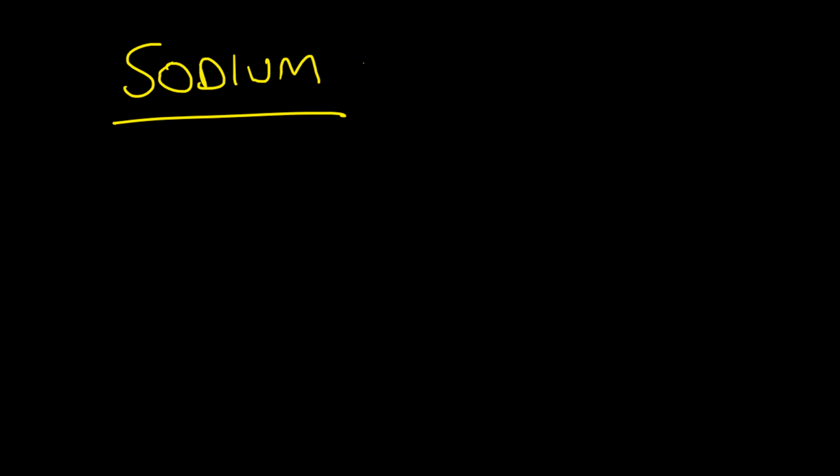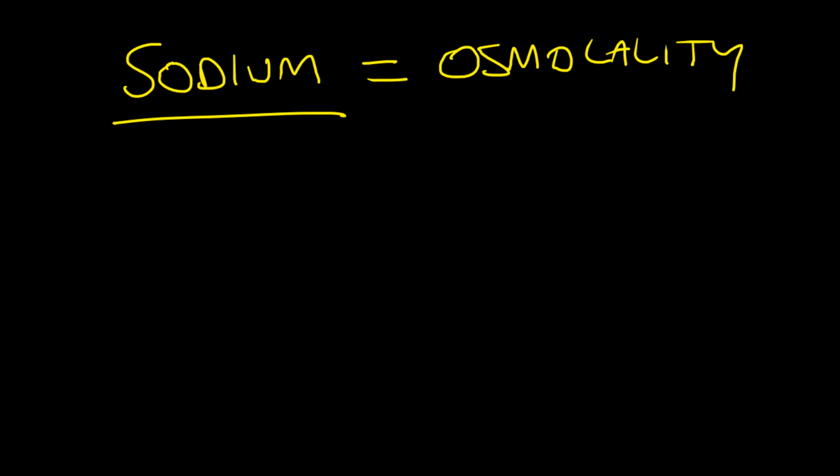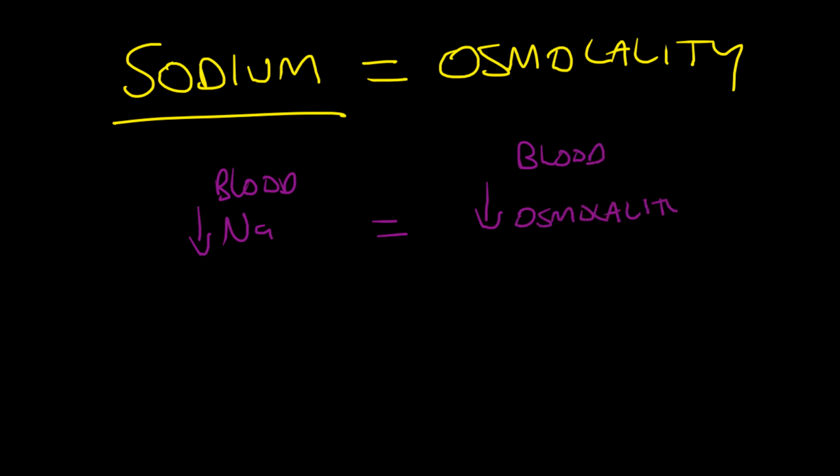And on all this talk about oncotic pressures, the most important thing to realise about sodium in the body is that sodium is osmolality. Which means that if you decrease sodium in your blood, you will have a decreased blood osmolality. In the same way, if you've got a low amount of sodium in your urine, you will have a low urinary osmolality.